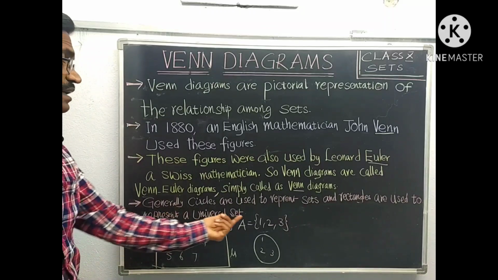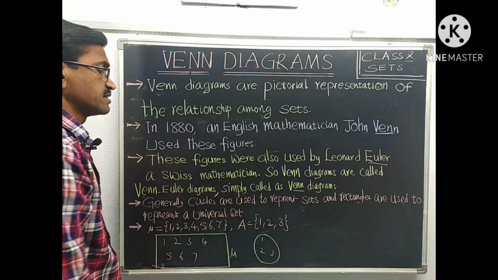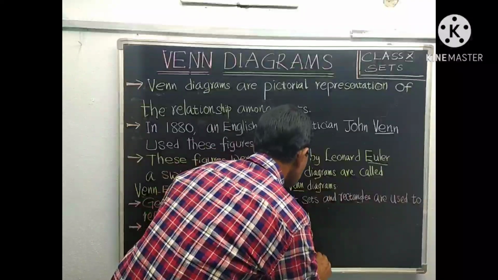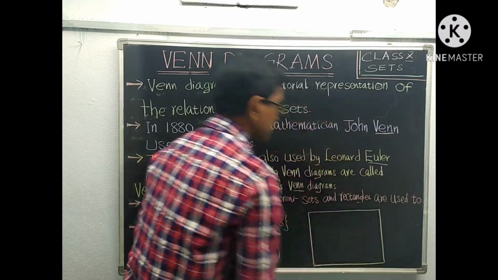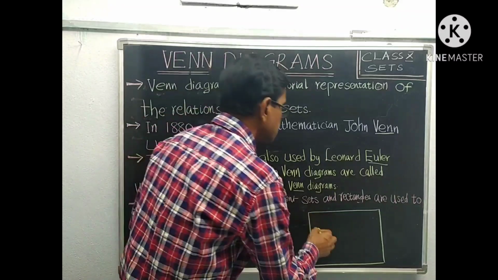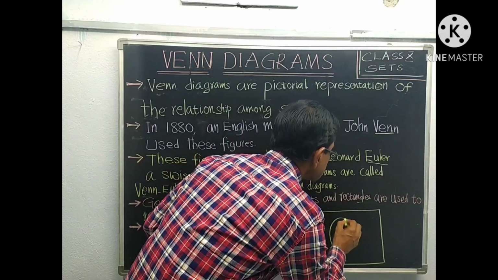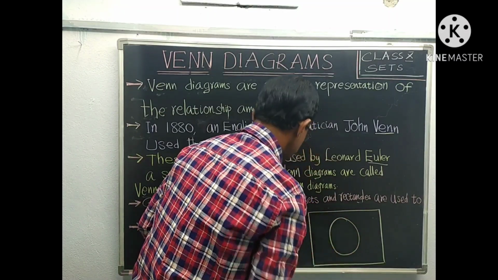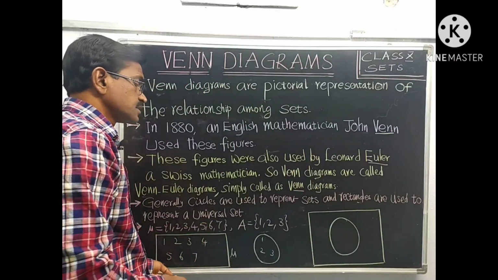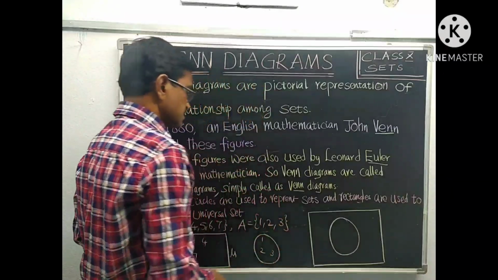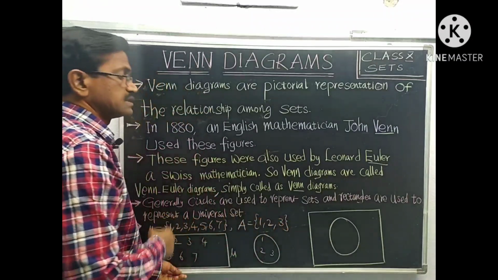Now let us represent the relationship by using Venn diagrams. We have to draw first a rectangle, and inside of the rectangle we have to draw the set because this is a subset. So all the elements 1 to 3 belong to the universal set.